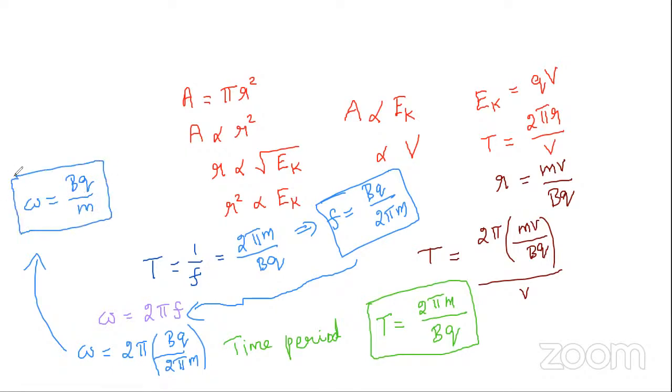This is the angular frequency. So these are the much needed formulas to solve the numerical problems in case your charged particle moves perpendicular to the magnetic field, and we have one more formula for the kinetic energy of a charged particle. That thing also we can discuss now.